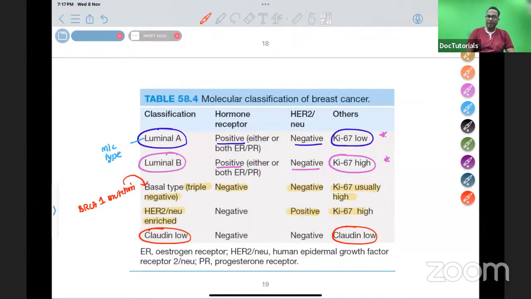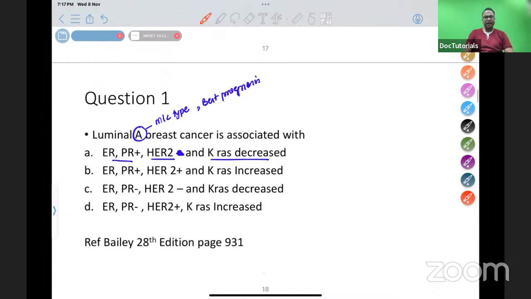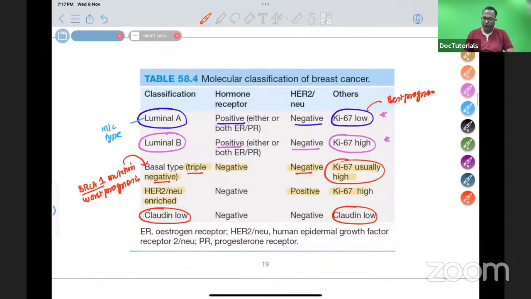Basal type has BRCA1 mutation and the worst prognosis. Please don't forget, luminal A has the best prognosis. It is a clear-cut, straightforward repeat question, so I hope you have no doubt.